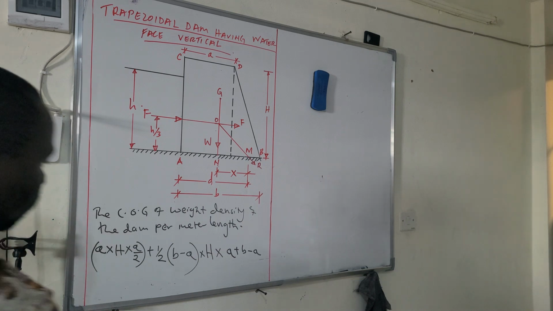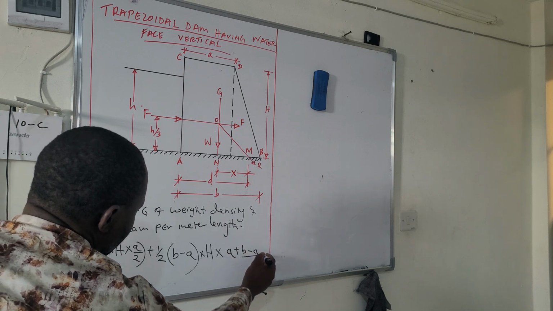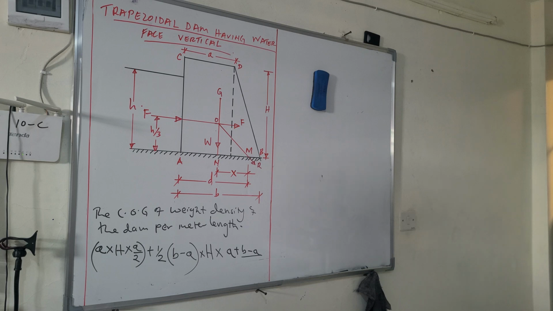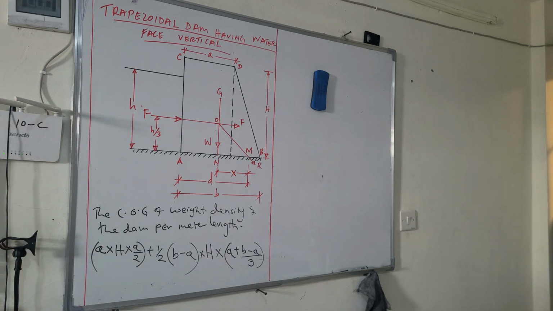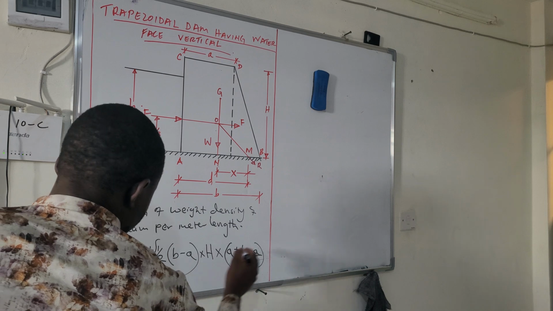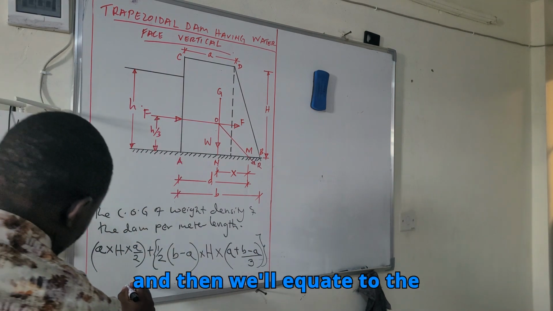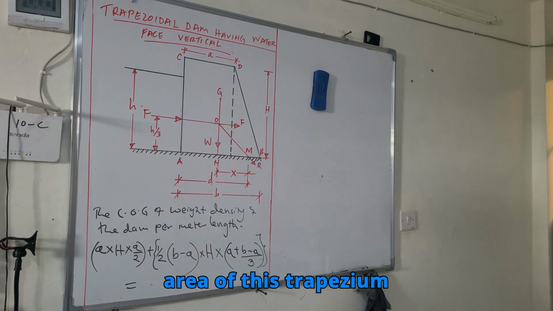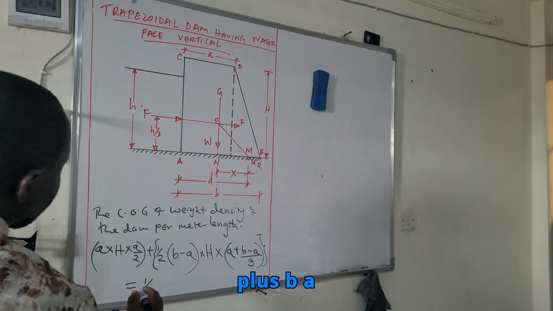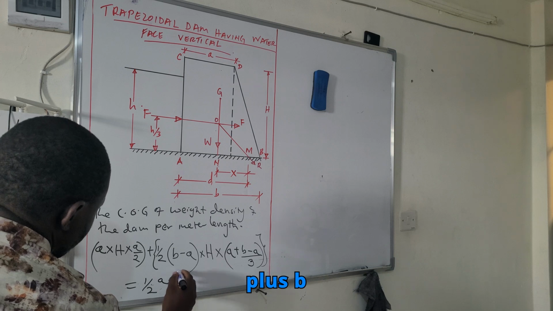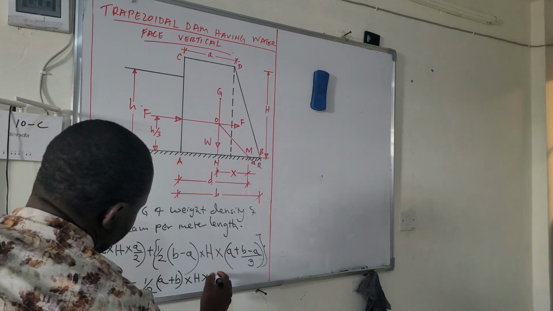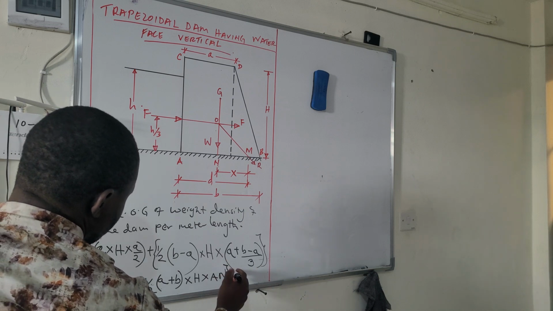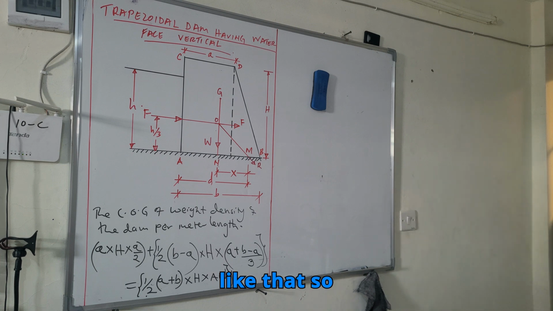over 3, like that. And then we will equate to the area of this trapezium, which will be a half (A plus B) times H, times the centroid AN, like that.